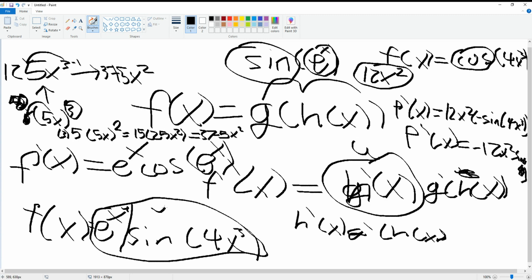So this is u and v. So you can apply the product rule for this. But in order to find the derivative of this, now you have to use the chain rule. So the first step you would do chain rule on sine of 4x cubed, and then you would do the product rule on that answer. So that'll be my next video. Probably be uploaded tomorrow or today.